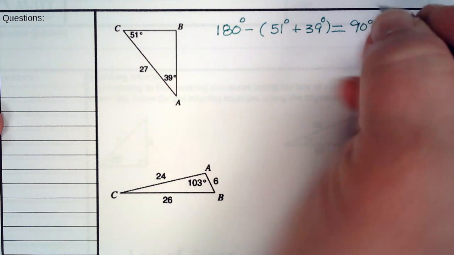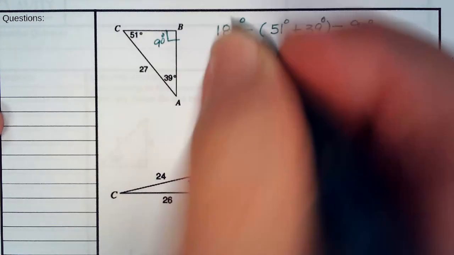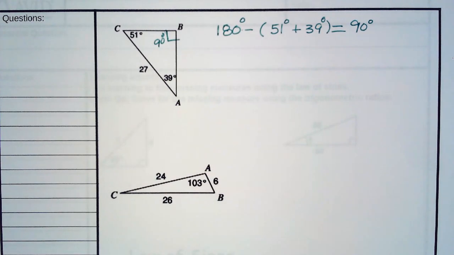I have a right angle. Now, am I going to use the law of sines? No, I'll use the trigonometric ratios.